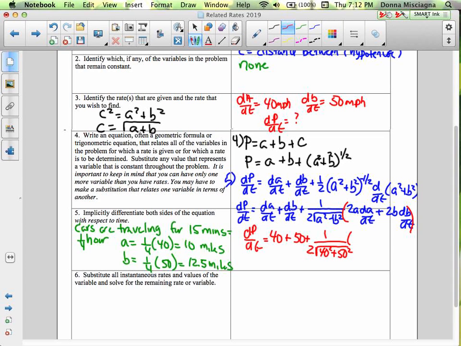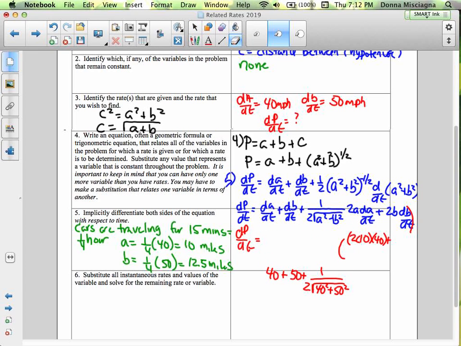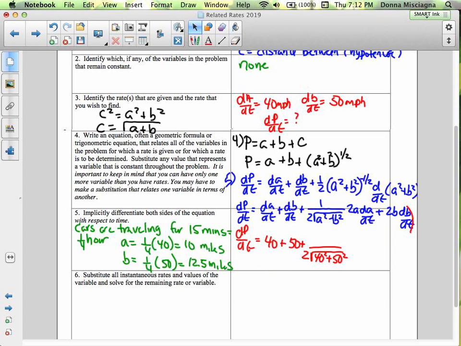So times, let's put that all in parentheses there. All right, so then times 2 times... Of course I needed more space. You know what? Let's just put this in the top and in the numerator, and I won't need quite so much space.